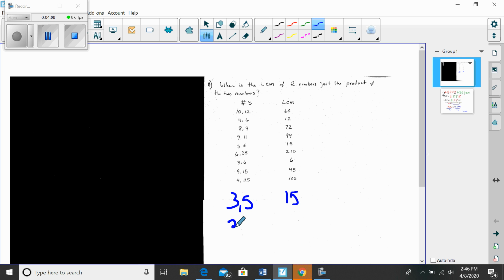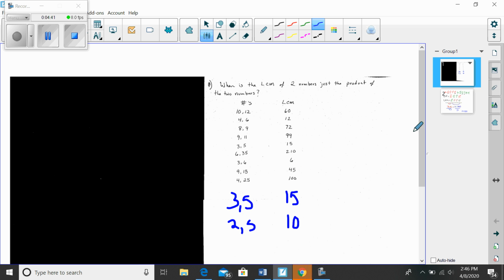Or she was doing halves and fifths, so then the least common multiple is 10, or halves and thirds, least common multiple is 6. Okay, but as soon as you start doing something like fourths and sixths, the least common multiple is not 24, it's 12. Or if you have thirds and sixths, I could say a common multiple is 18, but the least common multiple is 6.